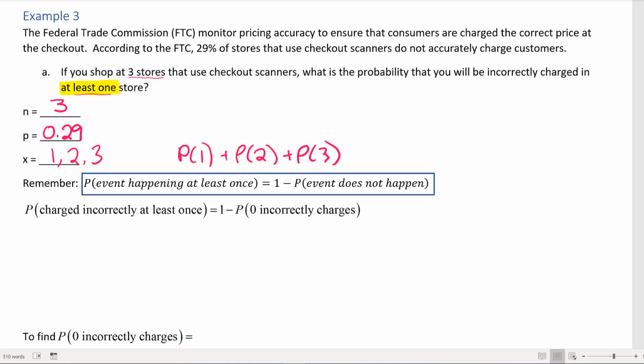But I'm going to do something a little bit tricky. Remember that the probability of the event happening at least once is equal to 1 minus the probability the event does not happen. So I'm going to change the problem. I'm going to try to find P of 0 incorrect charges, and I'm going to do that right down here below.